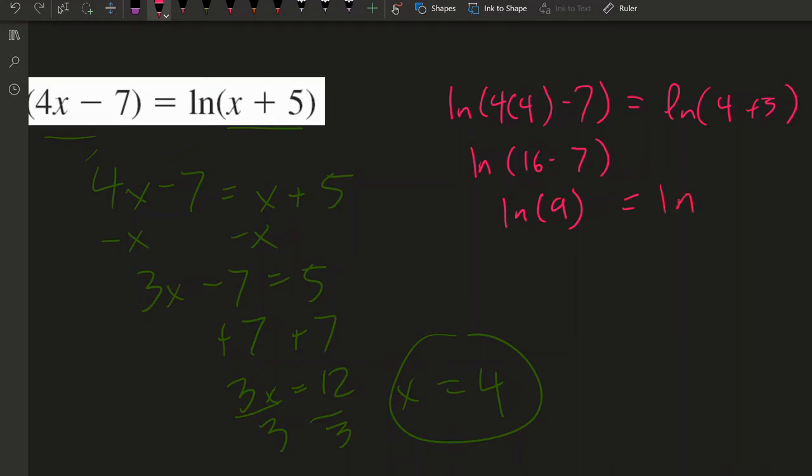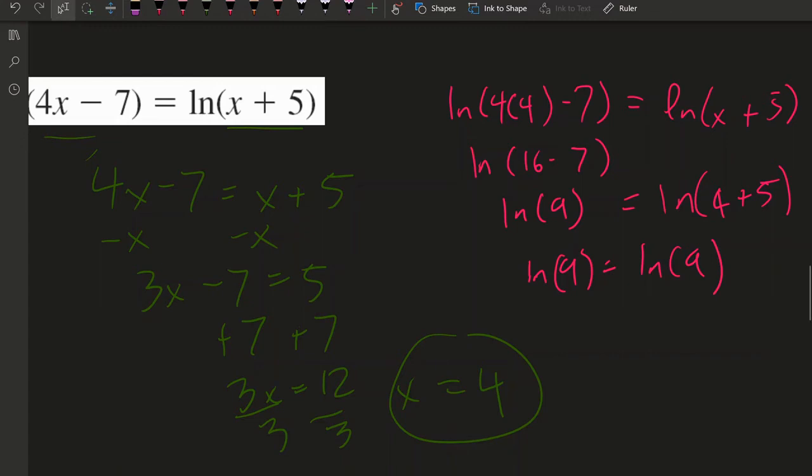Oh, there's my mistake. I said 4x plus 3. It's 4x plus 5. x plus 5. 4 plus 5. So I get natural log 9 equals natural log 9.